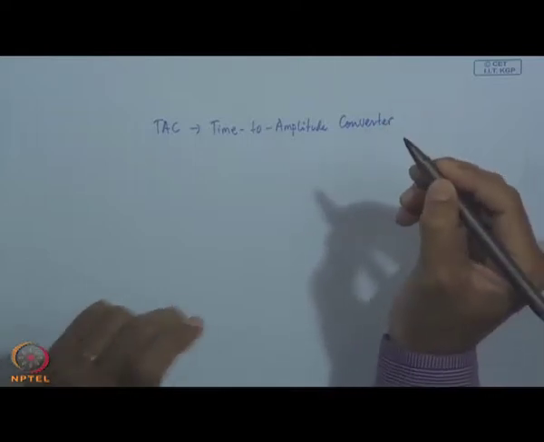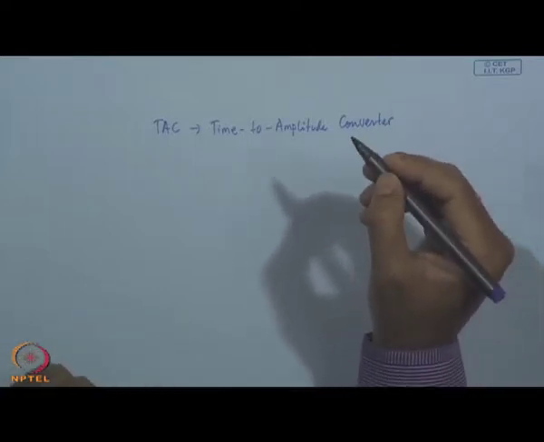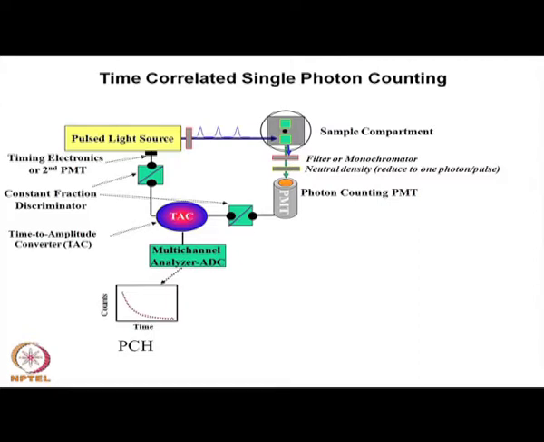The moment the detector PMT receives an optical signal, that is, when a photon falls on the PMT, a signal is received by the second constant fraction discriminator, which tells the TAC to stop.